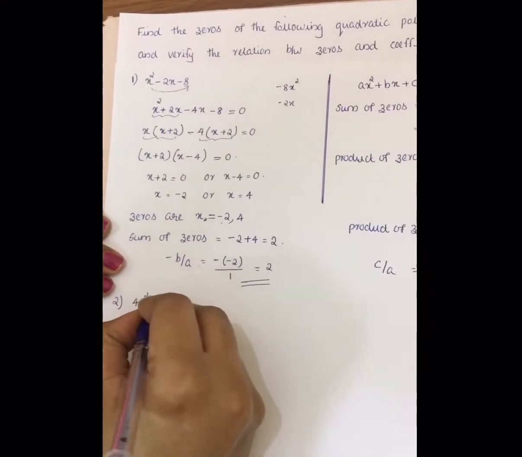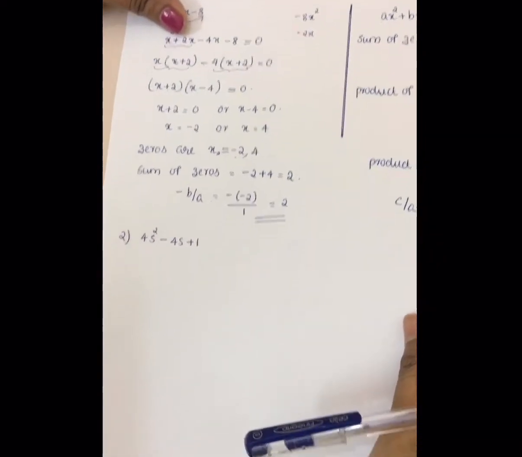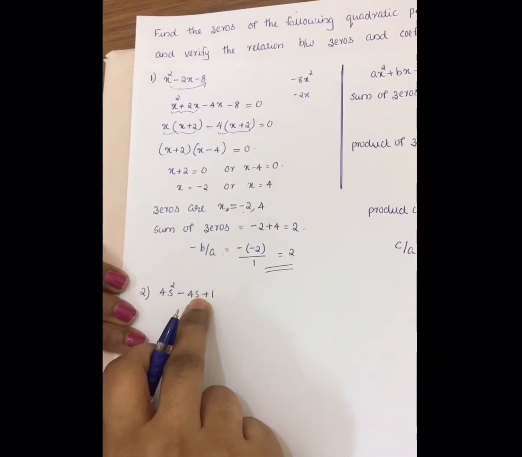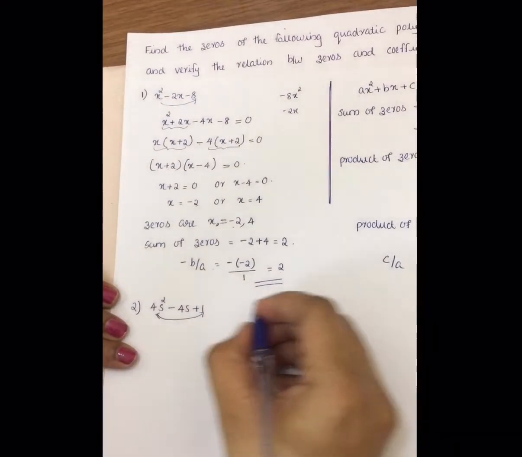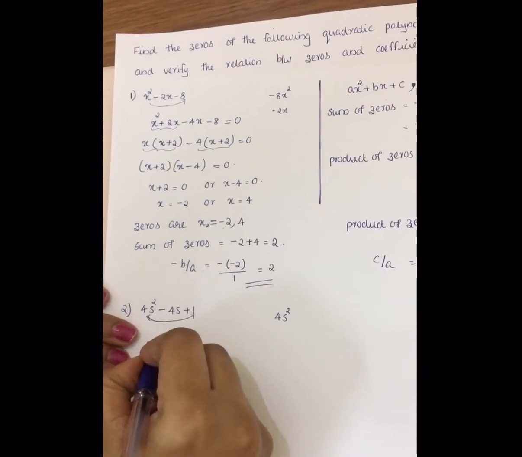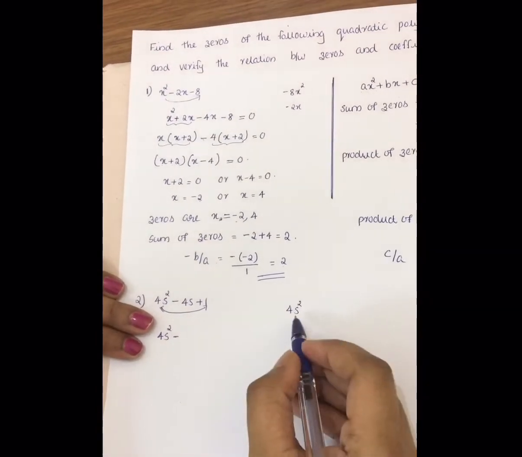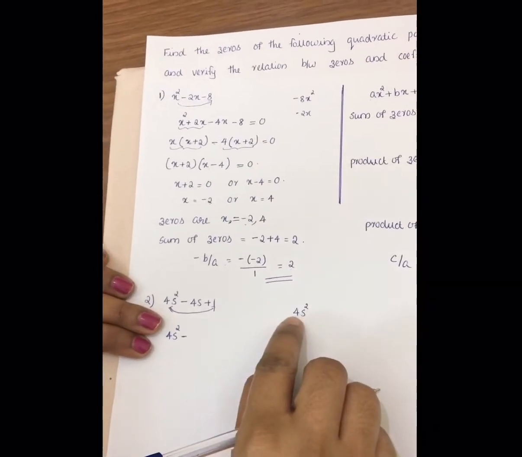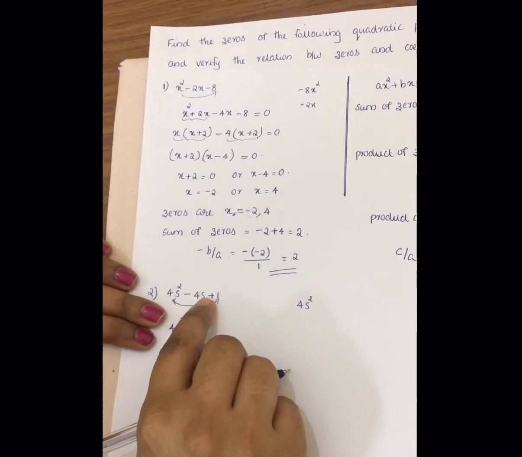4s square minus 4s plus 1. In the same way, we have to expand 4s square minus 4s plus 1. Multiplying 4s square into 1 gives 4s square. So keep 4s square the same, then we need to get two terms whose product is 4s square and whose sum is minus 4s.